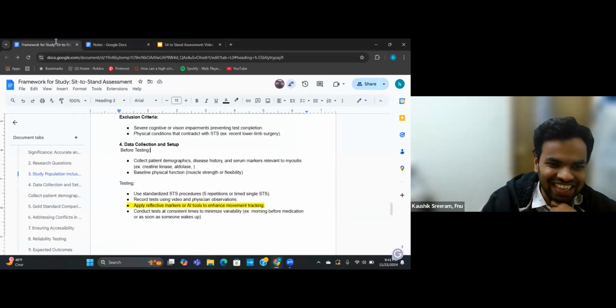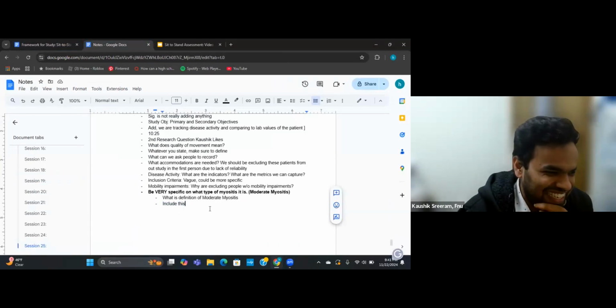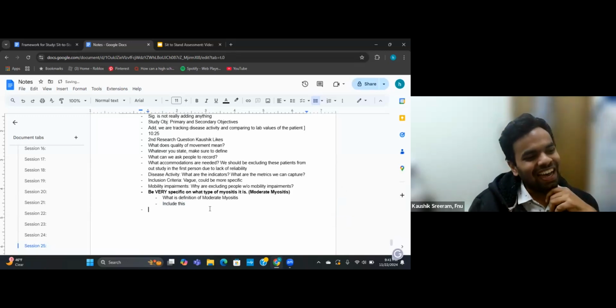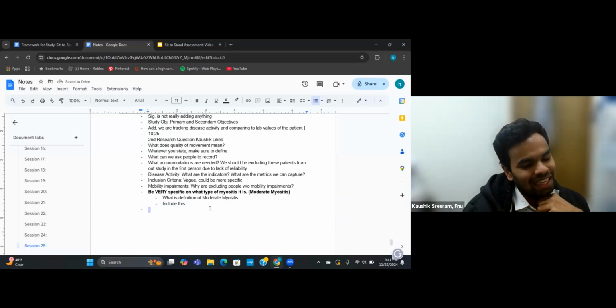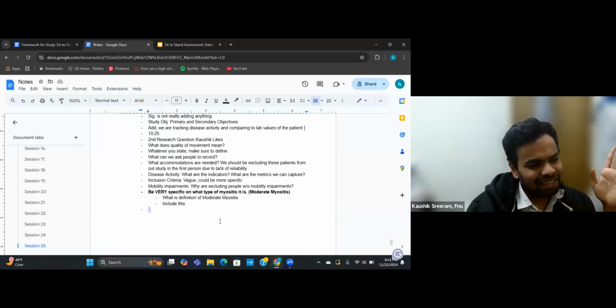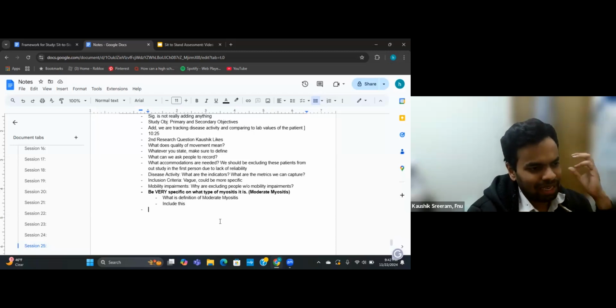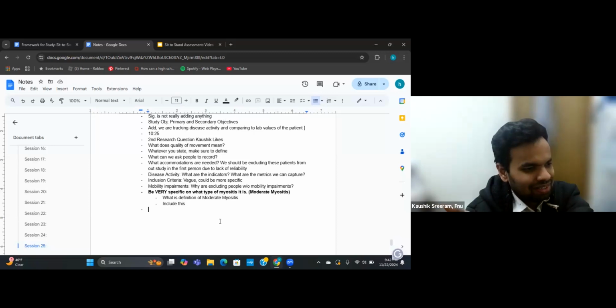Now I'll tell you what we did. This is very interesting. I asked Rohit, you have one database which is reliable, and we have another database. You're making research coordinators do manual data entry. Why can't we define metrics and export from here to there?